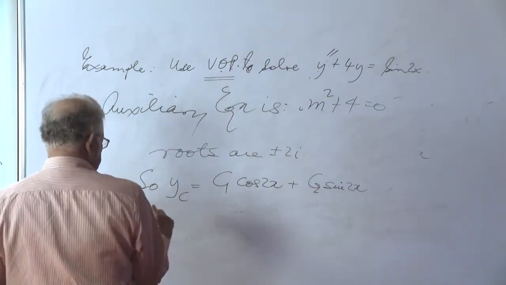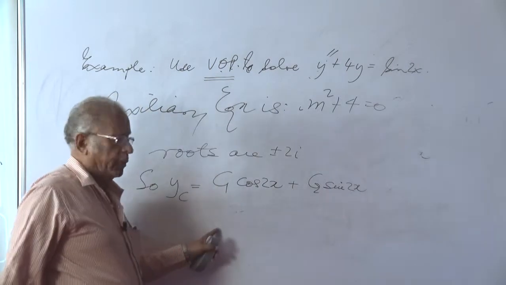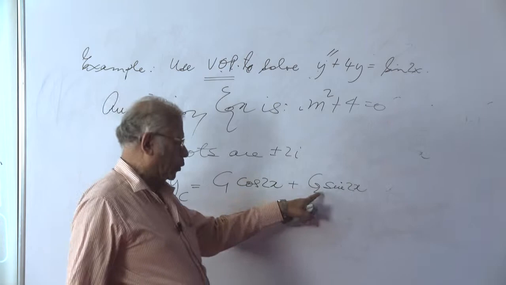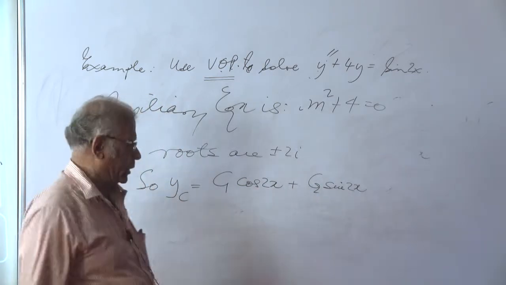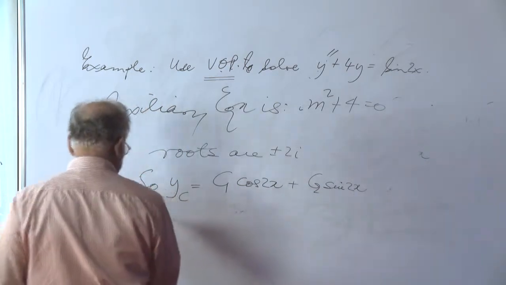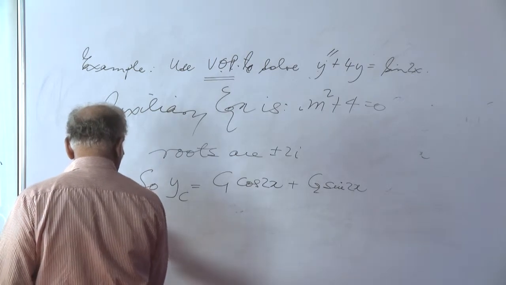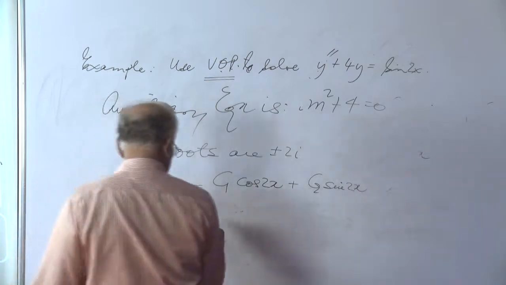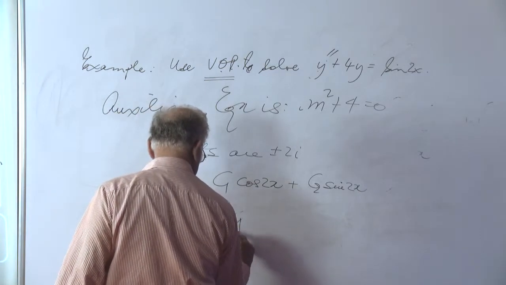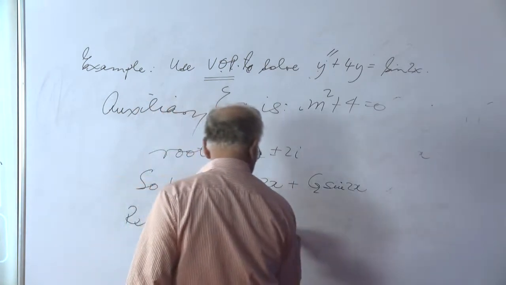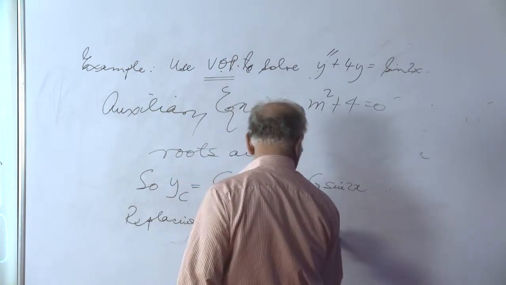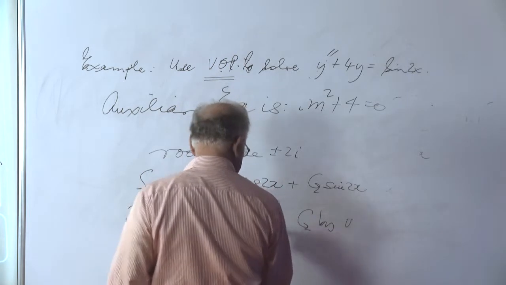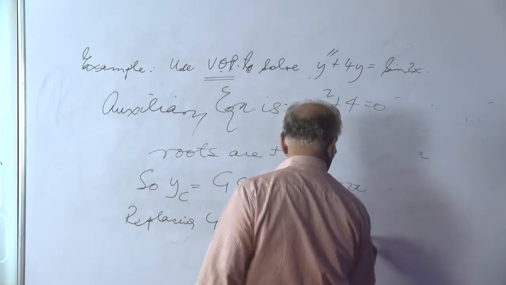We look for a particular integral. According to the variation of parameters, we will replace c1 by a function u and c2 by a function v, both functions of x. This u is actually u(x) and v is actually v(x).